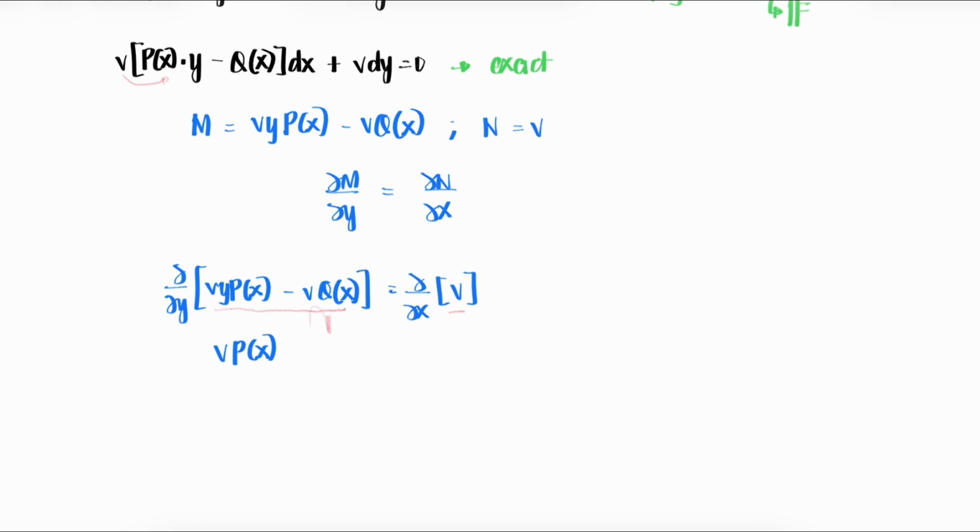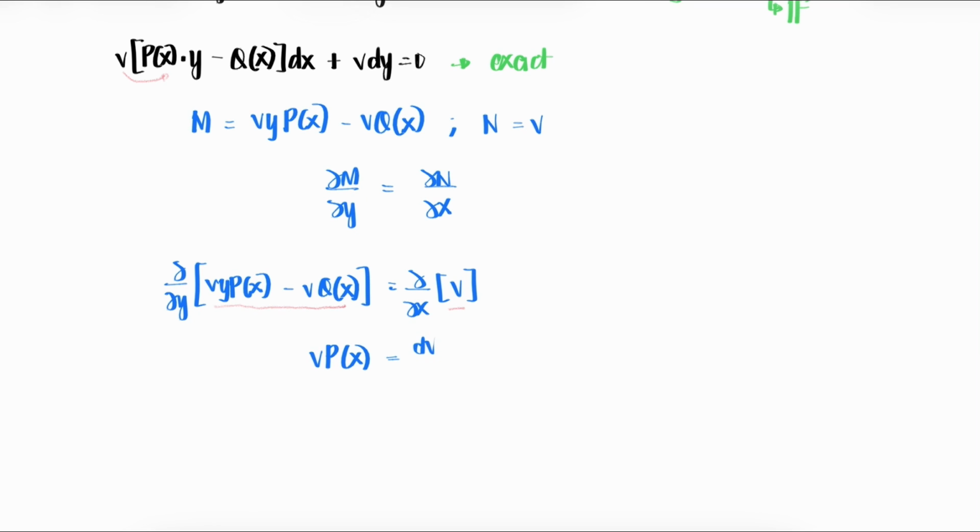And because there is no variable y on this term right here, then its partial with respect to y is just equal to 0. So the term remaining on the left side is just v p of x. Let me just put it closer to the equal sign. So that's v p of x. And on the right side, because we are differentiating with respect to x, then this is dv divided by dx.